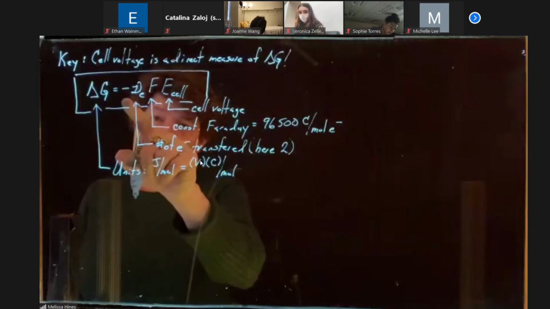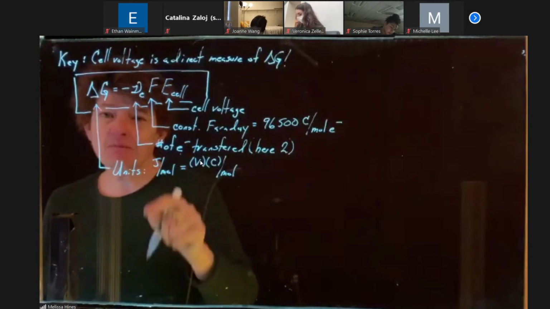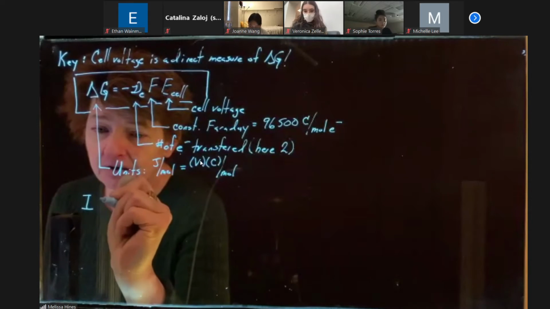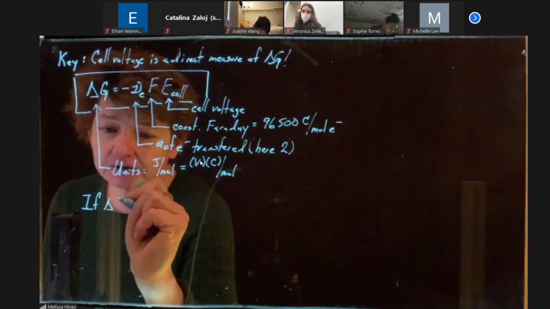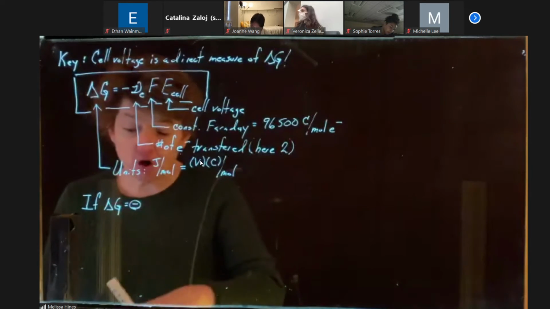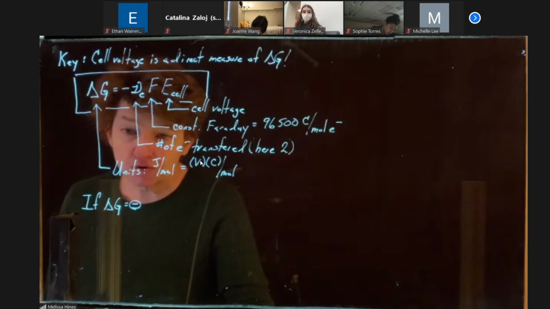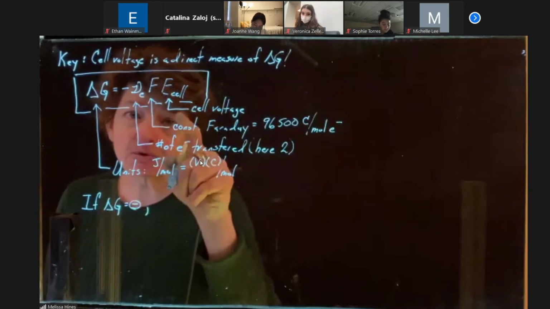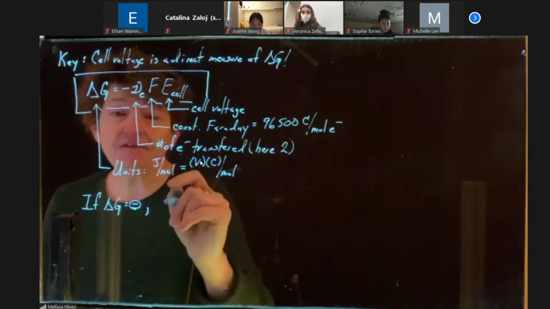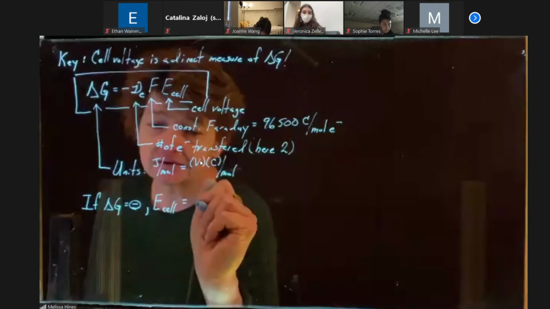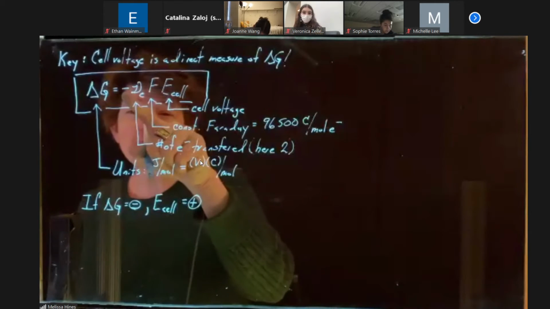However, there's this pesky minus sign that we need to take into account. If delta G is a negative number, so the slope is going down, you want to move towards the products. From this equation, it follows that E cell is going to be a positive number, because of the minus sign.